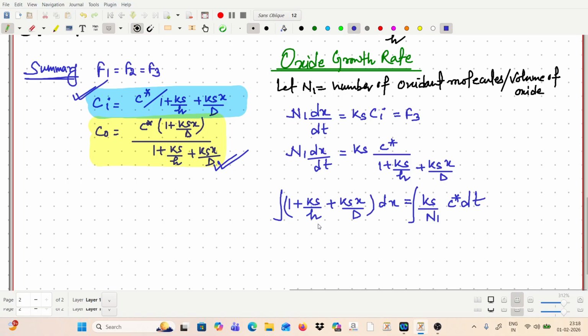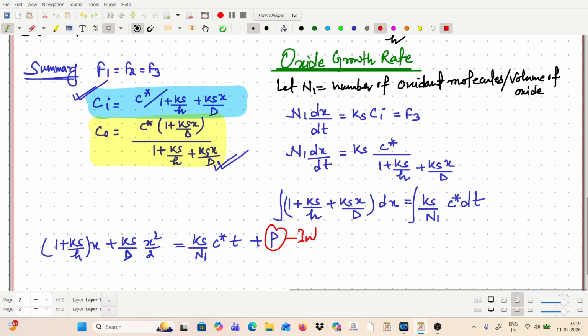The 1 plus ks by h can be written as 1 plus ks by h x plus ks by d x square by 2, equals ks by n1 c star, which is a constant, so dt integration gives t plus some integration constant p.